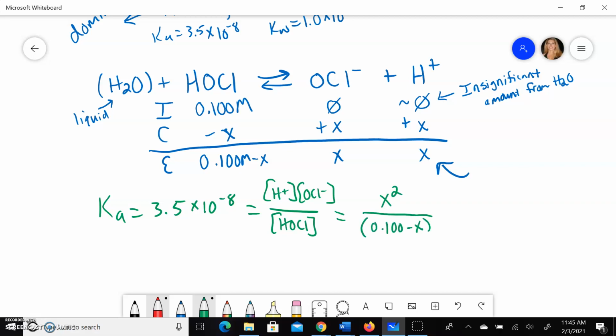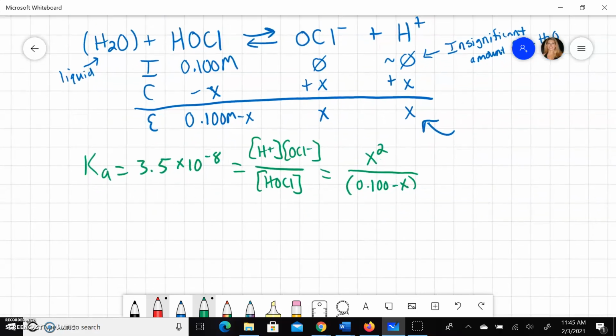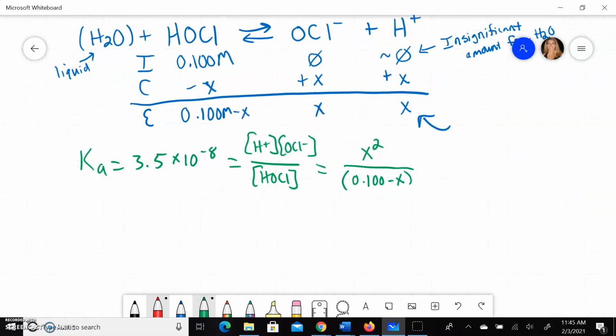And we have this. Now we're going to go ahead and make the assumption that x is really, really small for two reasons. One is we're going to look at this exponent here and see that it's a really small Ka value. And if it's a small Ka value, that means that most of the acid is staying together. And so it's not going to change a whole lot. So that's one way we can do it.